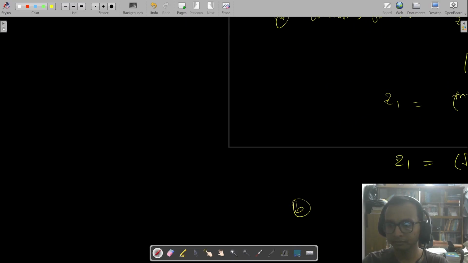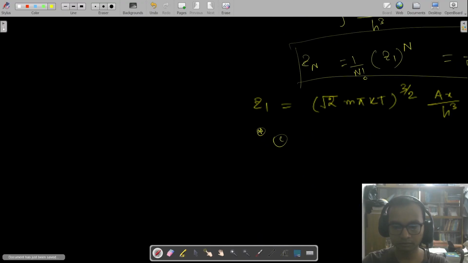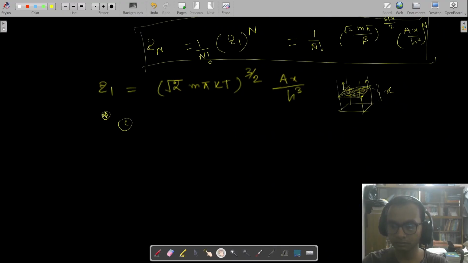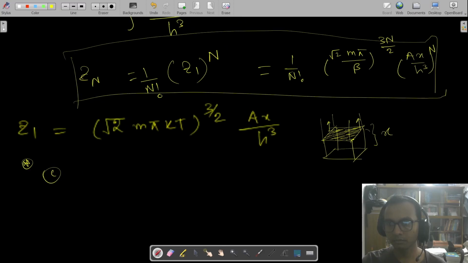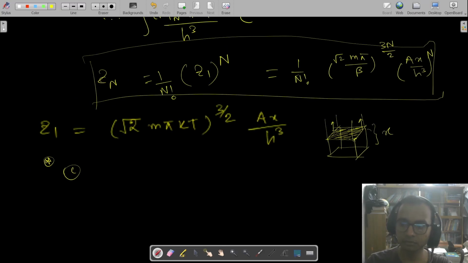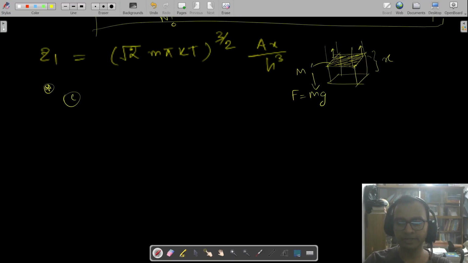It has a mass m, and it's being acted on downwards by a gravitational force mg. It's standard. We find the partition function for this whole system of n particles, and the lid.